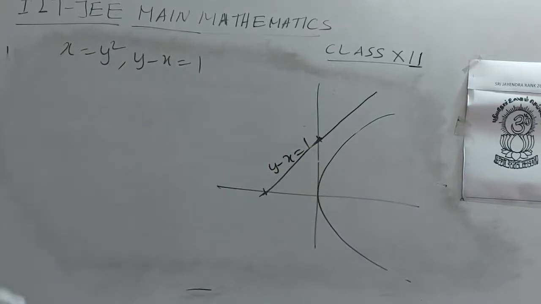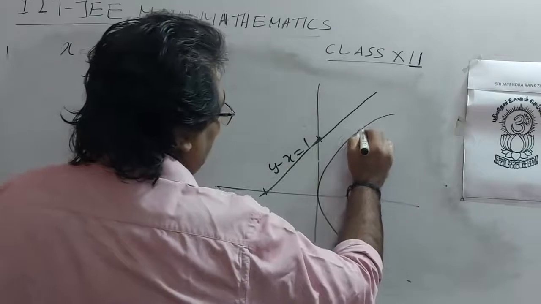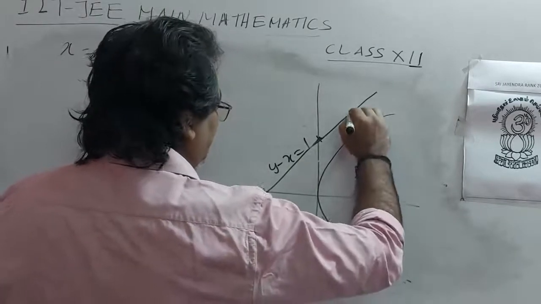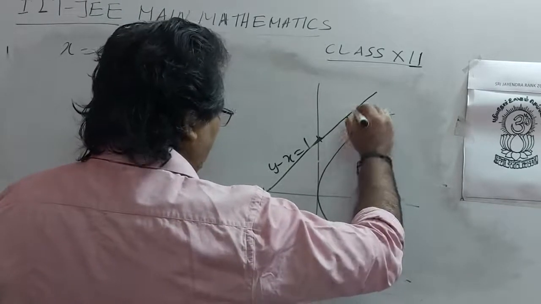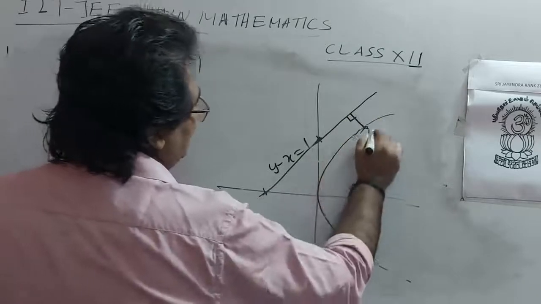To find the shortest distance, take any point on the curve and find the perpendicular distance to the line; that is the shortest distance.